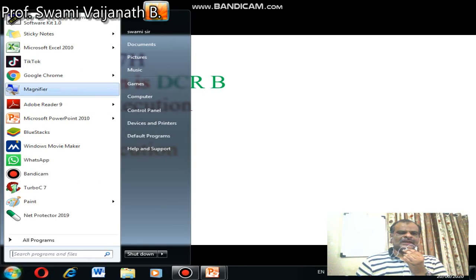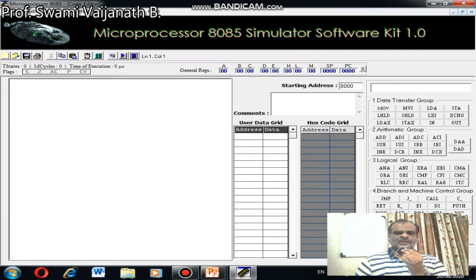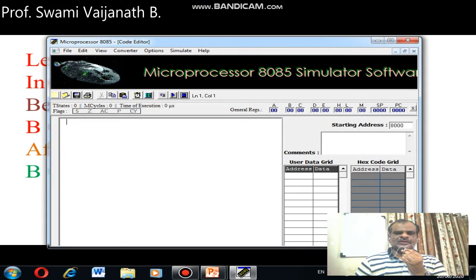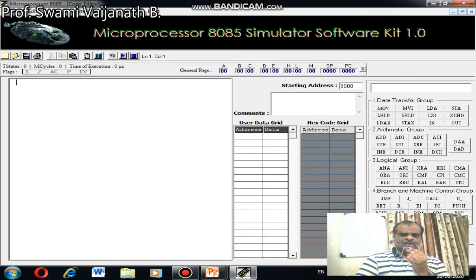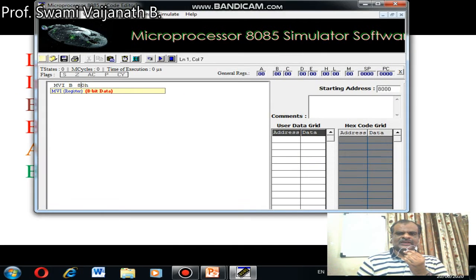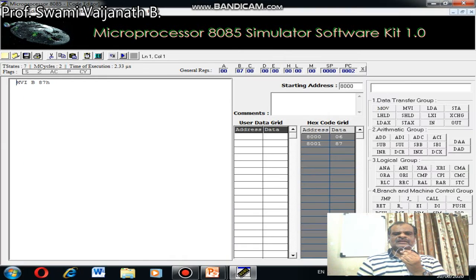How is it? See practically. I take the value of B as 87H, then I execute this program. The value of B is 87H, and after executing the DCR B instruction, the value of B is decremented by 1 and the result is stored in the same register.